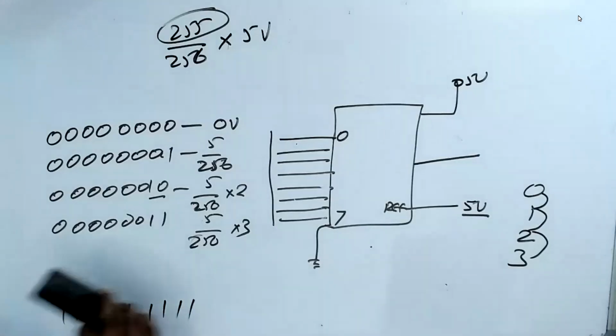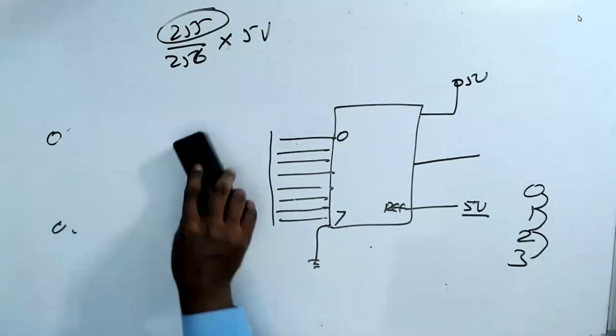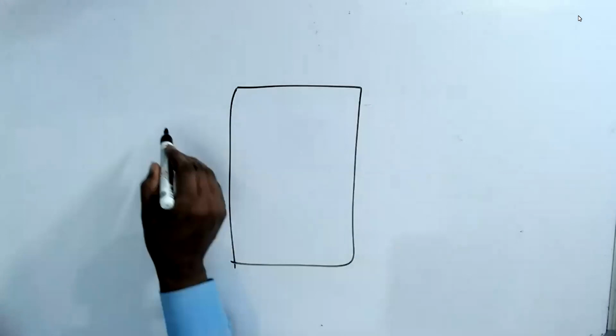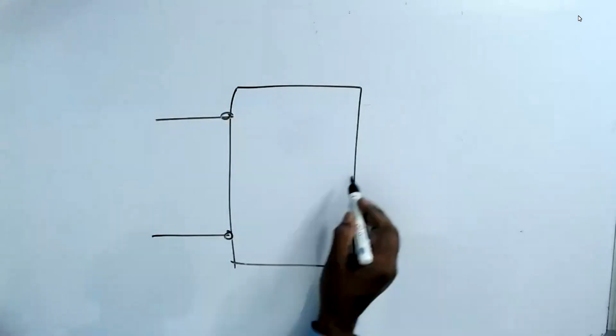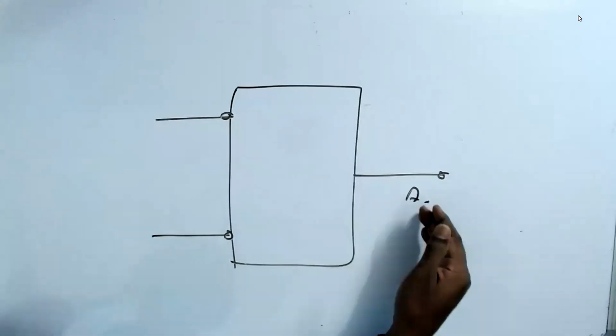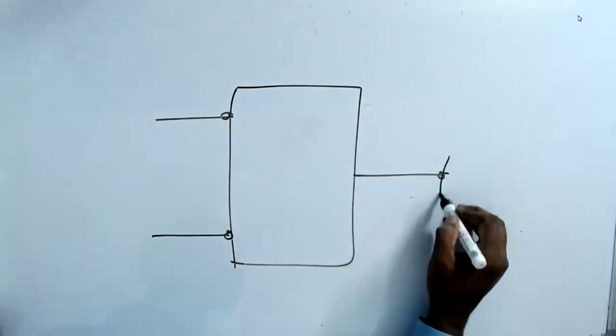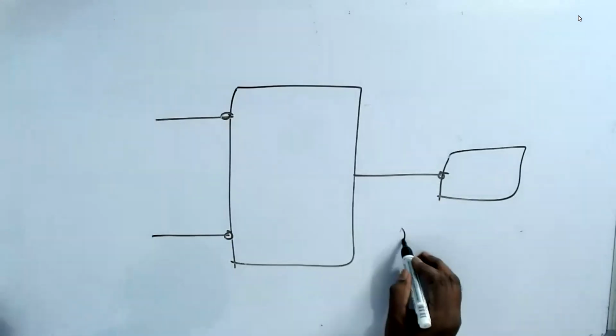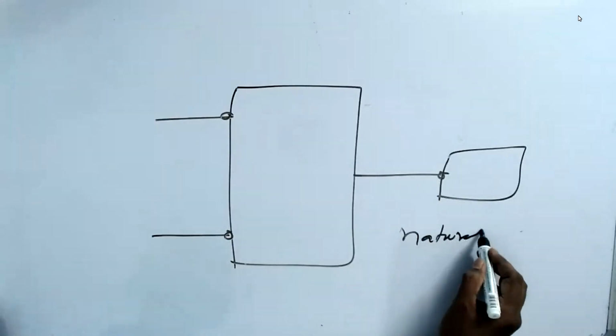So let us come to the point now. How this works: if I give any input to this box, I will get an analog output. Why do we need analog? Because a lot of your components, your real natural world, is analog.